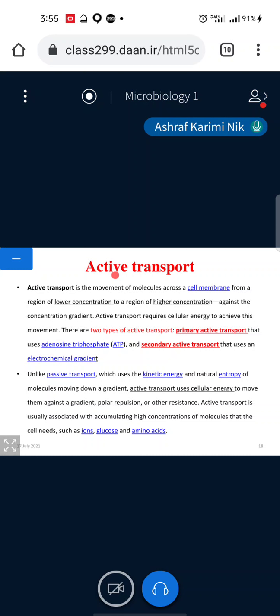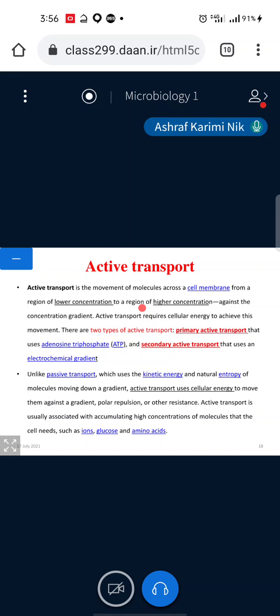Active transport is the movement of molecules across a cell membrane from a region of lower concentration to a region of higher concentration.